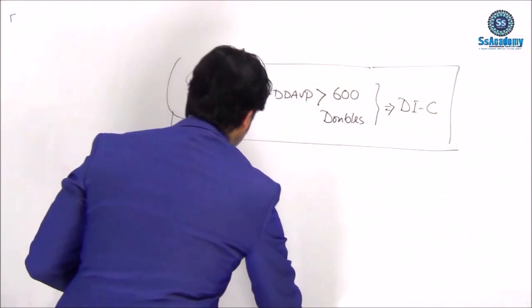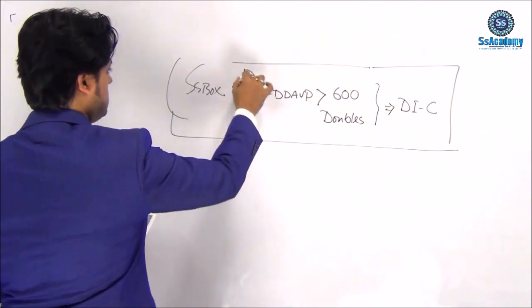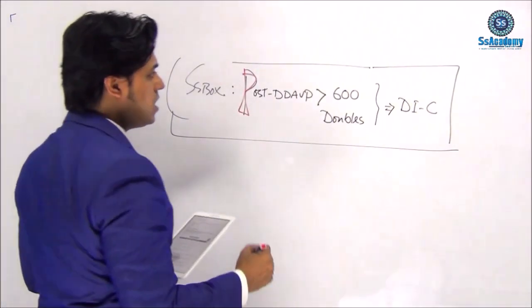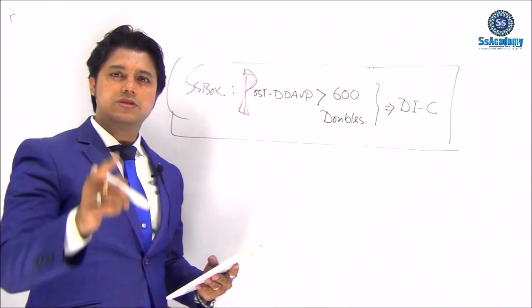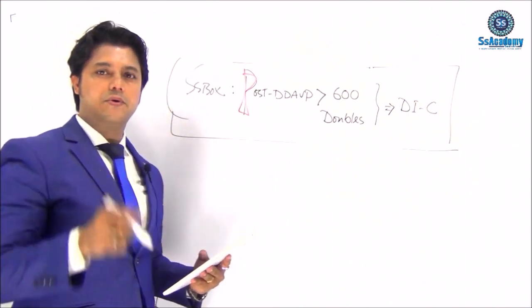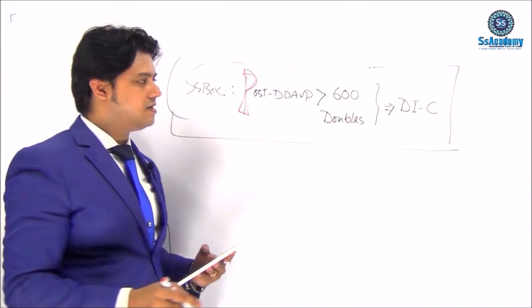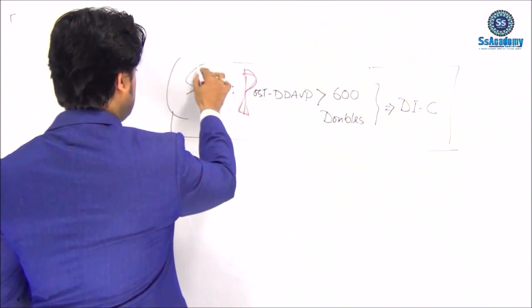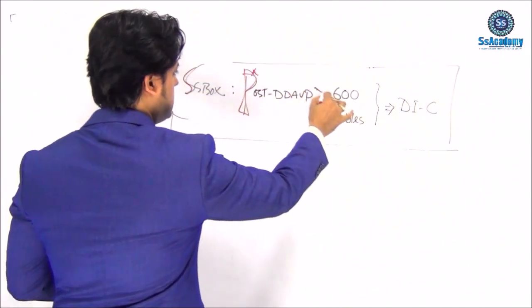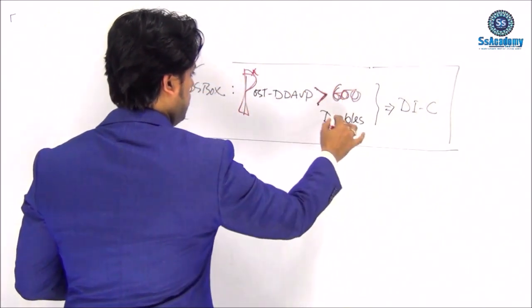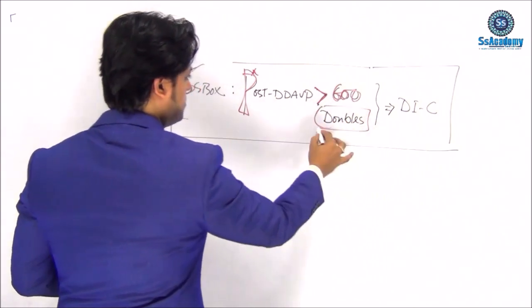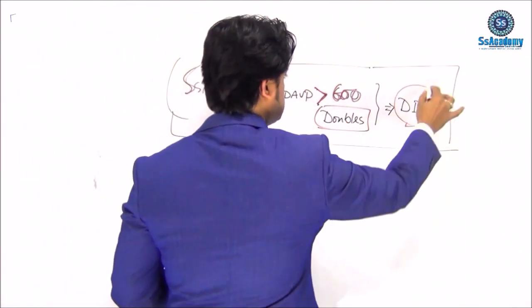This box, listen very carefully: whenever we have the water deprivation test, we look directly at the post DDAVP data. If the post DDAVP data is greater than 600 or doubles, 2 times the initial part, this is cranial diabetes insipidus.